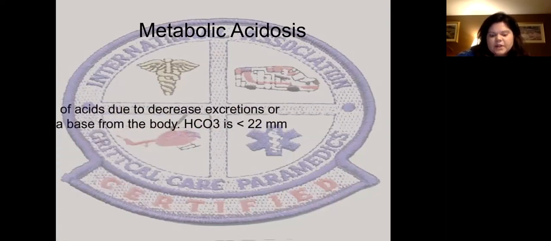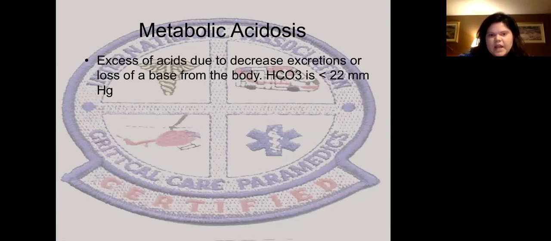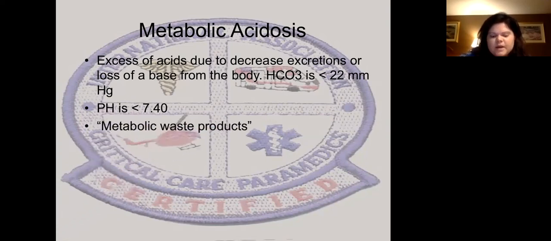So metabolic acidosis, the excess of acids due to decreased excretion or loss of base from the body when the HCO3 is less than 22 millimeters of mercury. Your pH is less than 7.40. Metabolic waste products.